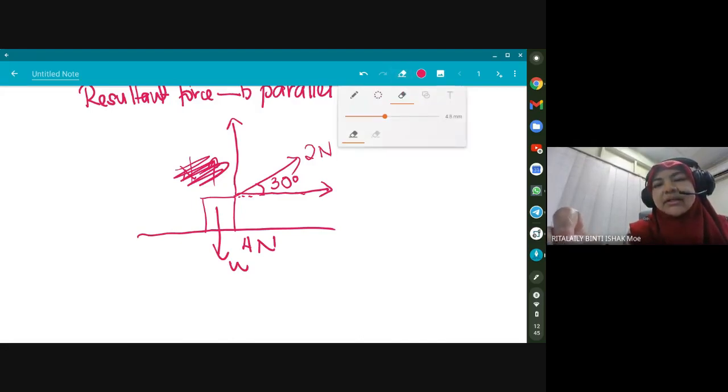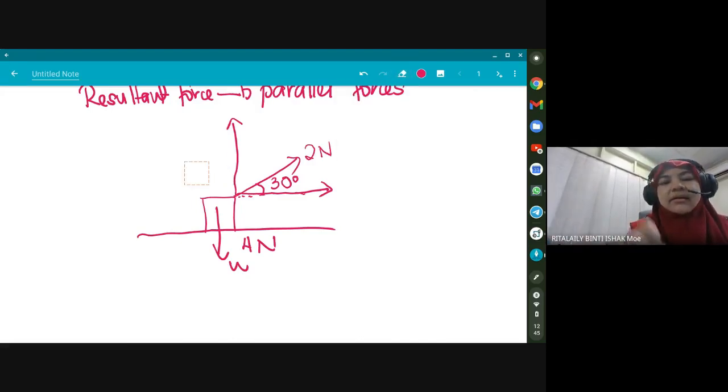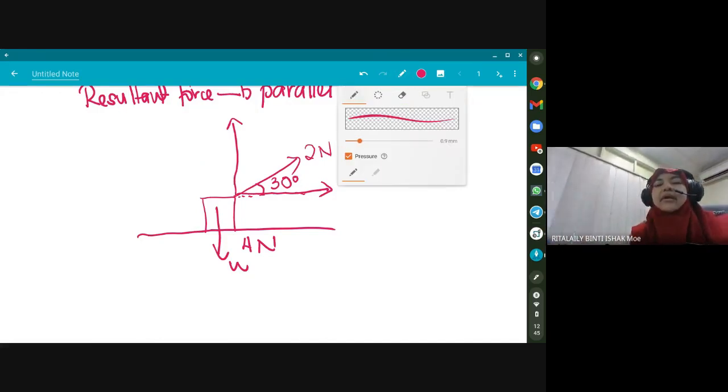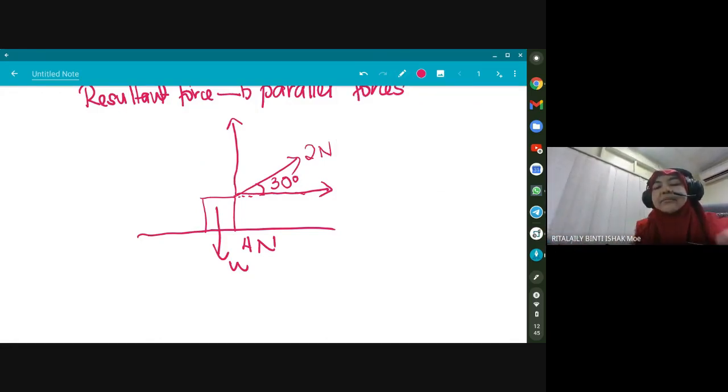So the force yang make an angle with a surface or make an angle vertically or horizontally can be resolved into two components. Okay, one component is parallel to the surface, the other one is vertical or 90 degree to the surface. Okay.